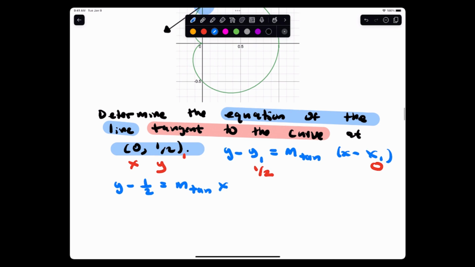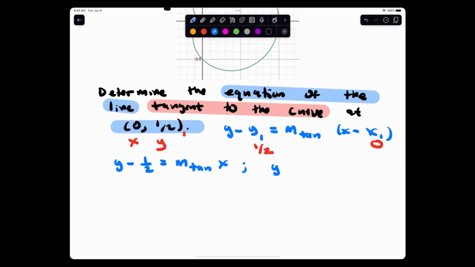Okay. And I'll do a little bit more algebra, okay? It's m tangent x plus what? 1/2. If we translate or add 1/2 to both sides, is that right? It's now in slope-intercept form, but isn't it true you need m tangent?